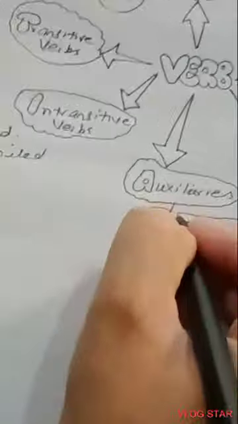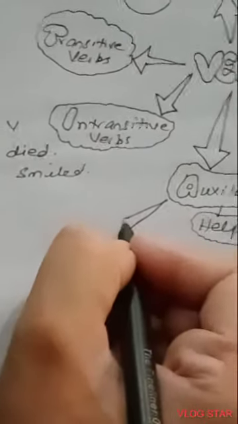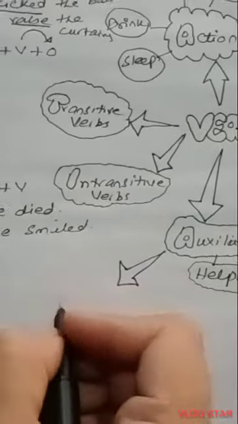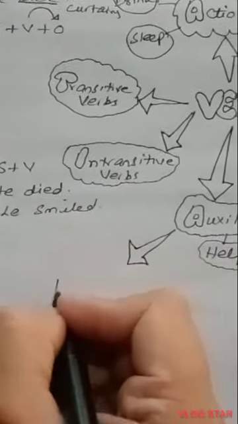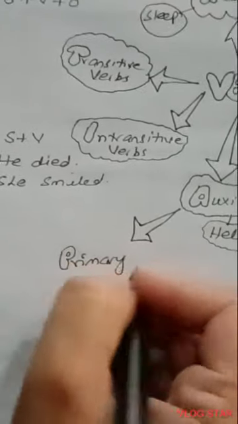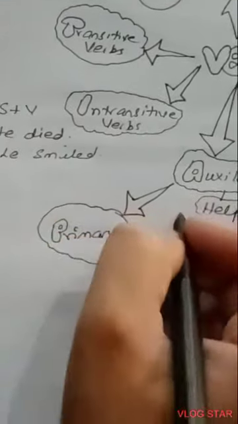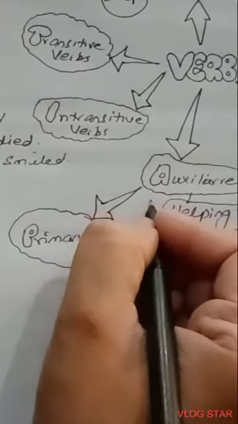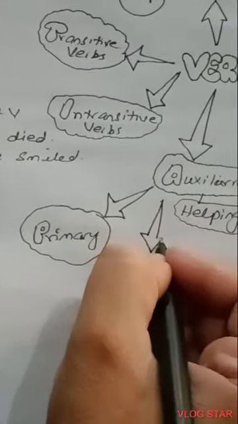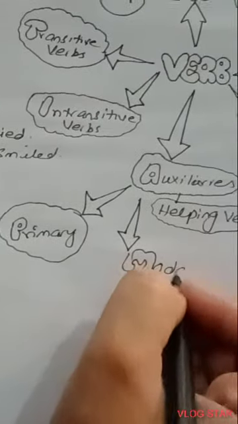Now my dear students, here I would like to tell you that these auxiliaries, once again, are of two types, two important types. What are the two important types of auxiliaries? Number one, primary auxiliaries, and the second category would be modals.